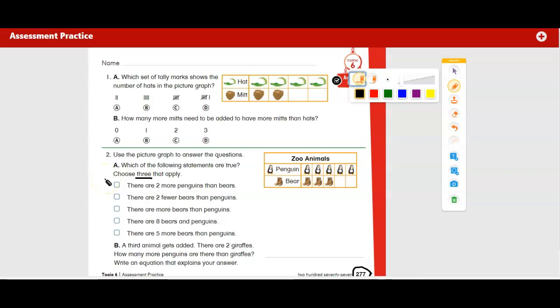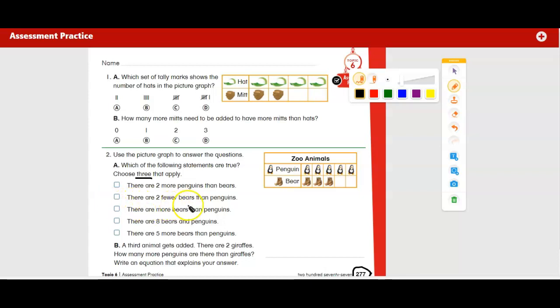So is this statement true? There are 2 more penguins than bears. Look at the picture graph. If there are 2 more penguins than bears, that is true and fill it in. If it's not true, then leave it blank. What about this statement?